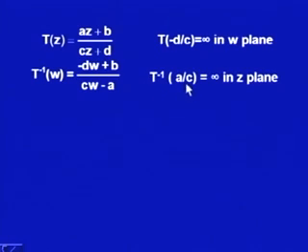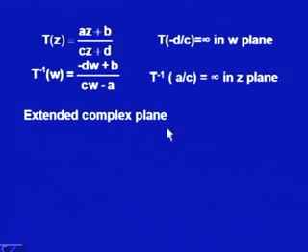Similarly, W equal to a by c will map to infinity in the Z plane. This way we are adding infinity to our complex plane, and the plane is then called the extended complex plane.